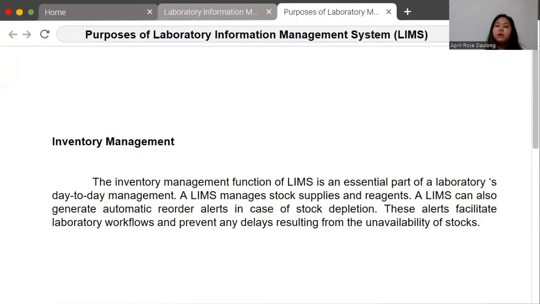So, ang LIMS maka-facilitate niya sa mga kinahanglan sa laboratory, mga inventory, kung ma-expire or kung kailangan i-upgrade ang mga equipments, maka-prevent siya og mga delays.